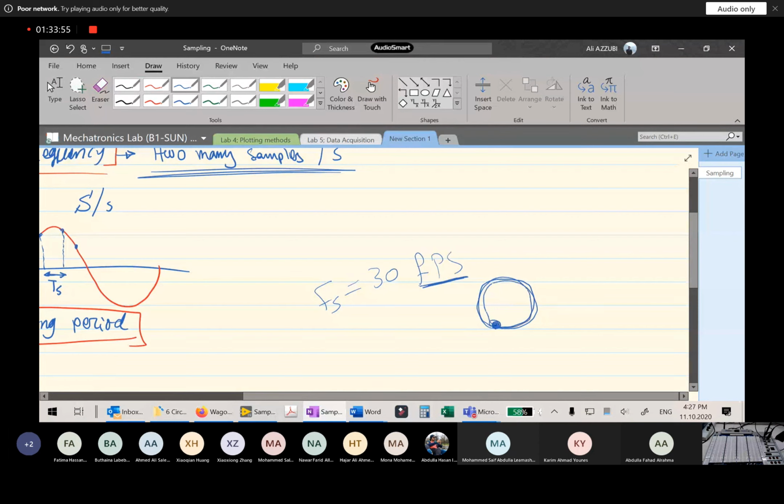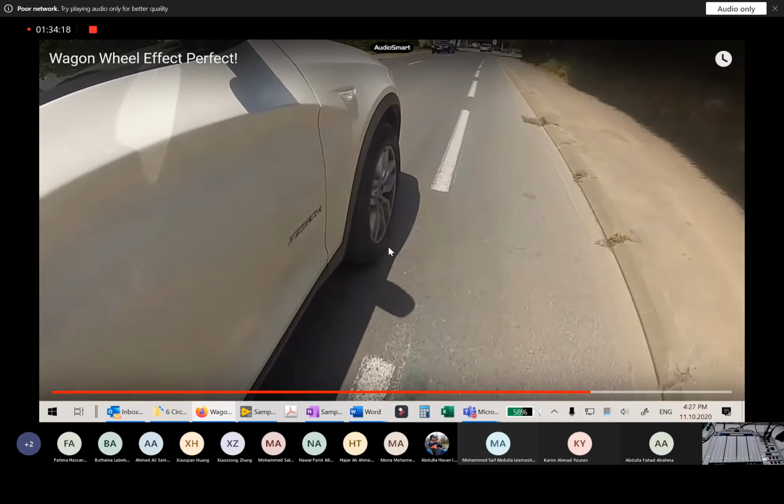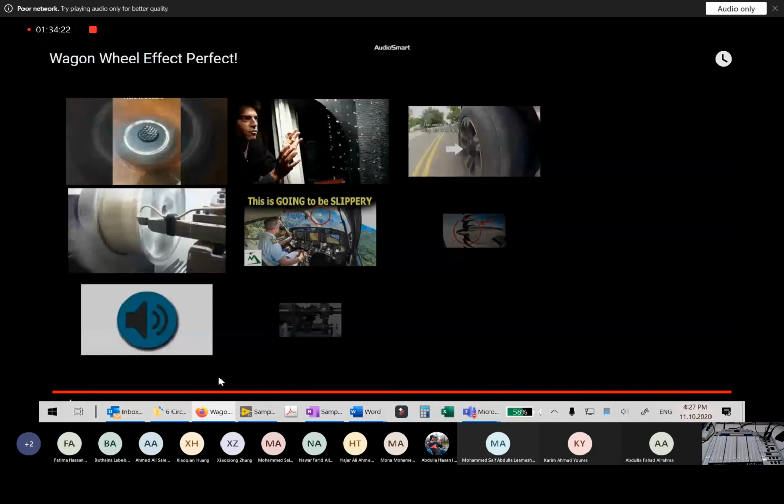So in all of your images, you capture the wheel at a specific location. Here you can conclude that the speed of the wheel is a multiple of the frequency of the sample. So this is very fine. Strangely, here they could capture it really well, which is very hard.